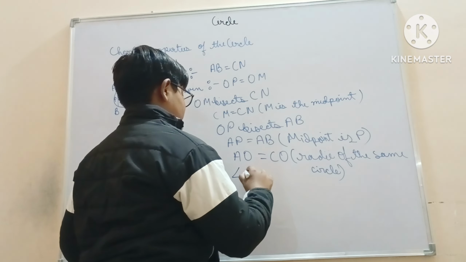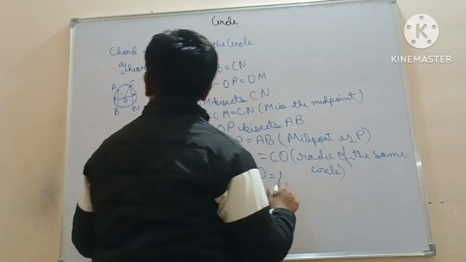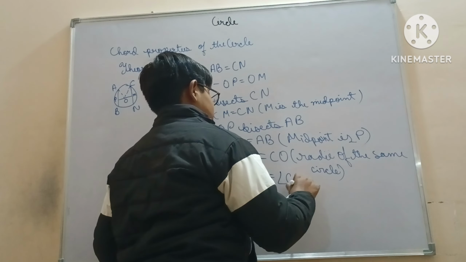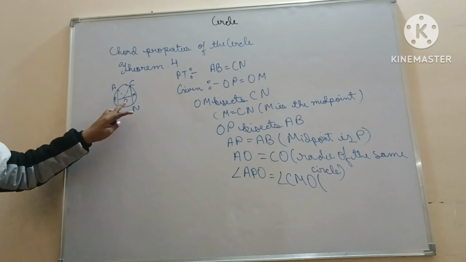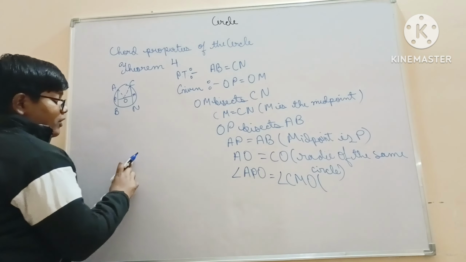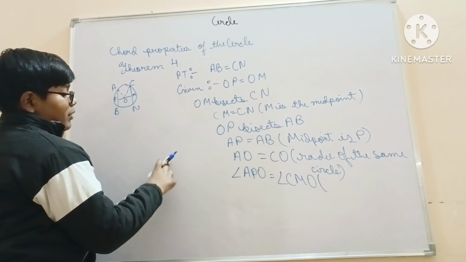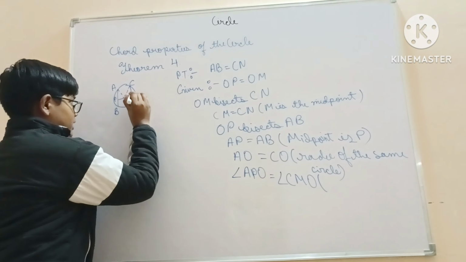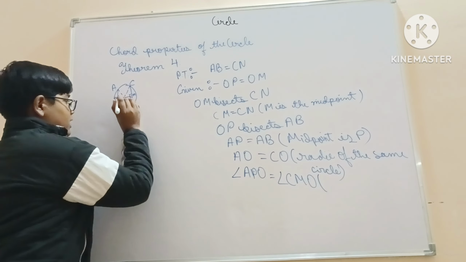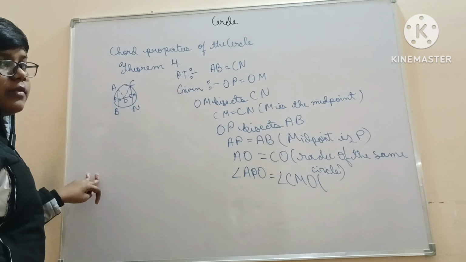Angle APO is equal to angle CMO, because any line originating from the center of the circle to any chord bisects the chord, and it also proves that the angles around it are 90 degrees, by theorems 1 and 2.